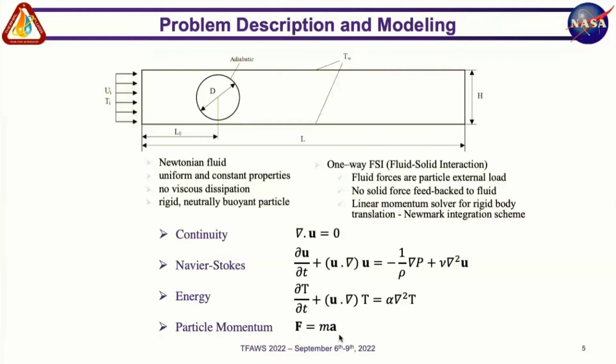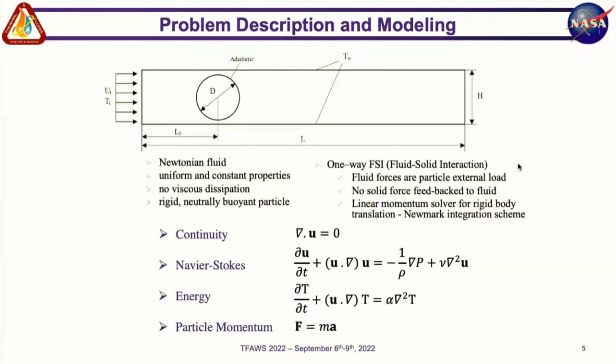For simulating the process, we use a simplified interaction between the solid particle and the surrounding fluid. We use the one-way FSI. FSI is fluid-solid interaction, in which case the fluid forces are external loads on the particle, and there is no solid force feedback to the fluid. So the solid does not interact back with the fluid in terms of imposing forces on it.